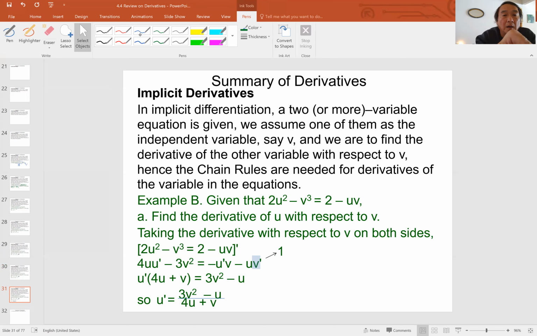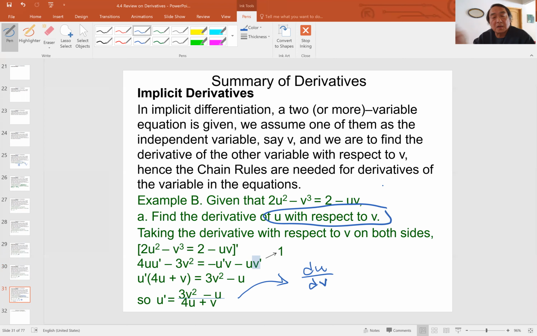So bear in mind, U prime is du/dV, because this is what we started out with, the assumption using V as the X. Okay, and so that's what du/dV is. That's the approximate change ratio of U to, you change the input V slightly.